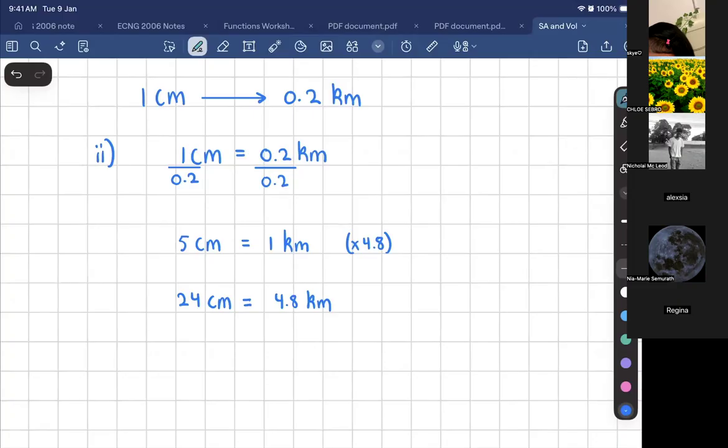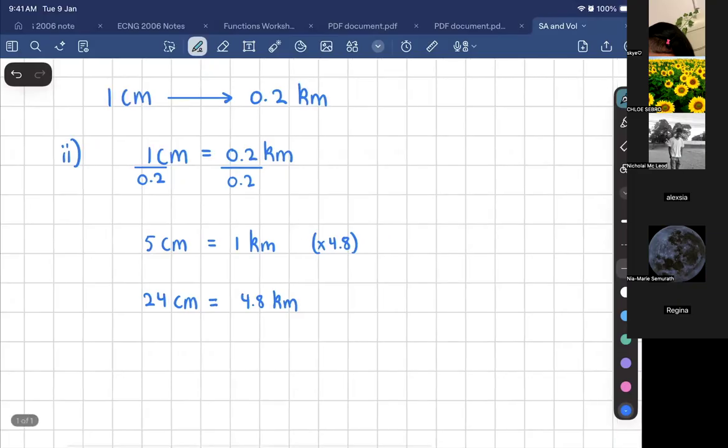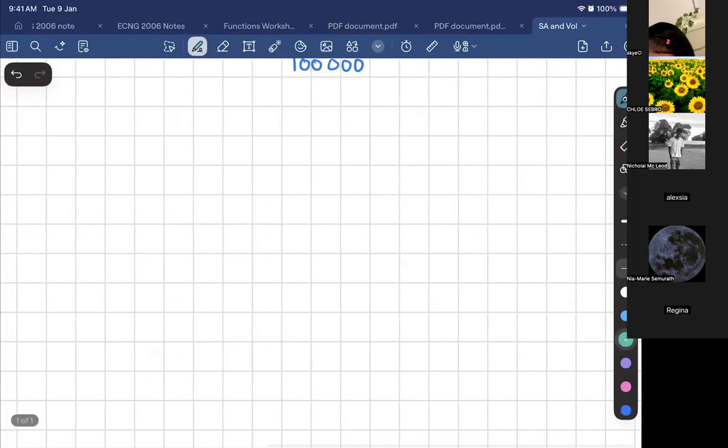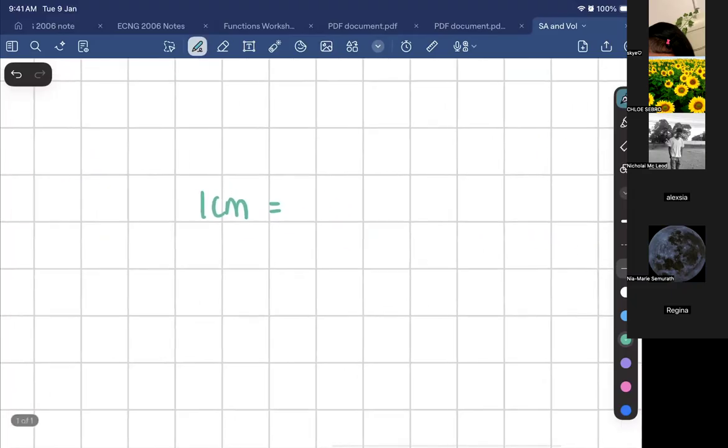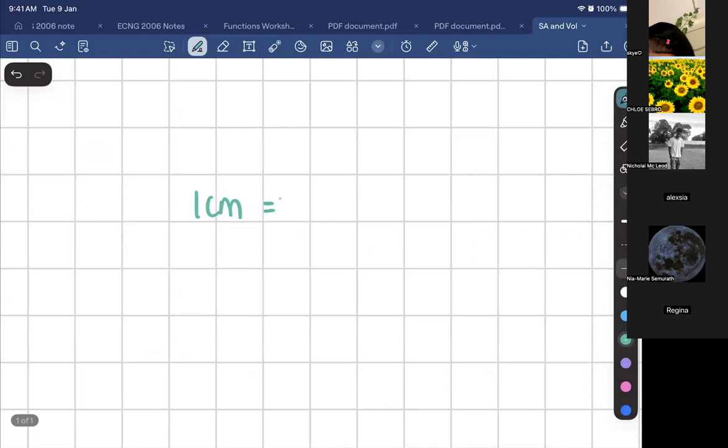Okay, I don't think you understand that too well. I'm going to try to explain it differently. So, Samir, we know that 1 centimeter on the map is equal to how much in real life? What distance in real life? 20,000.